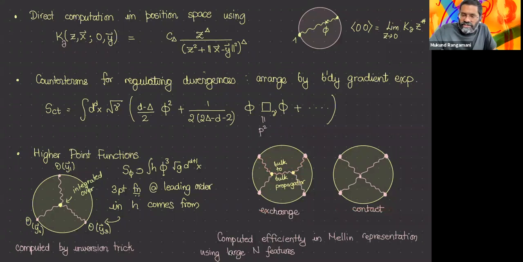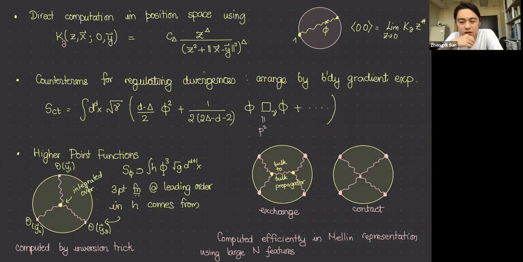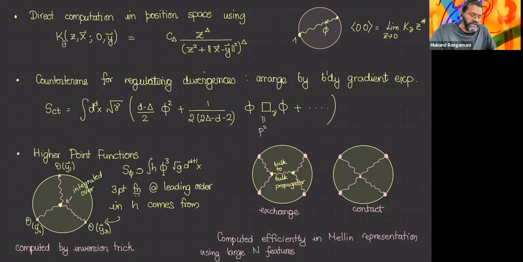There's something nice about the large N theories, which is exploited in this Mellin representation, that the only things that are exchanged are double trace operators. So there's some very nice structure which makes the evaluation easy, because you can evaluate contacts and then you can put the exchanges in a nice fashion.